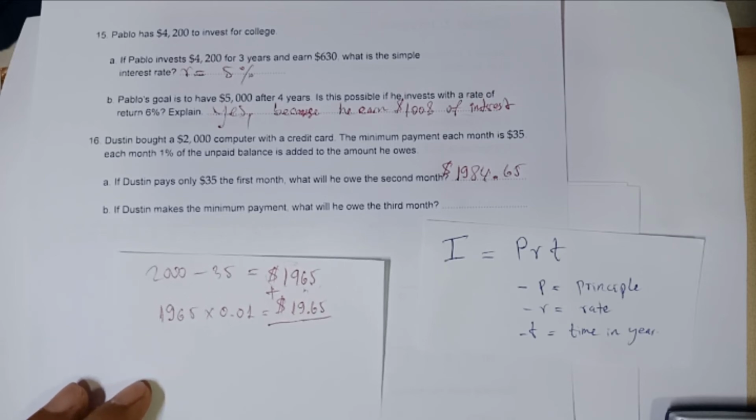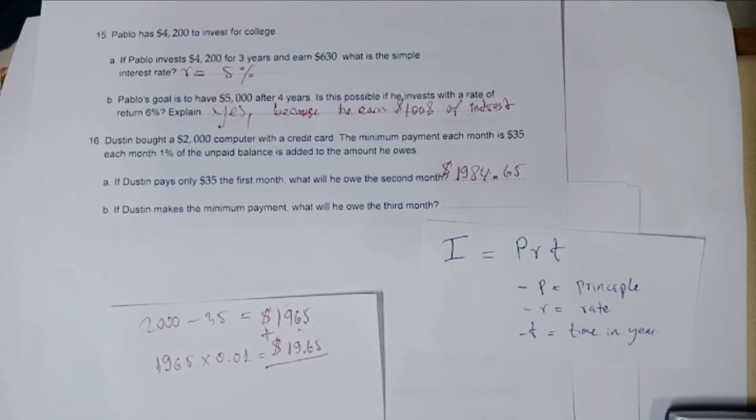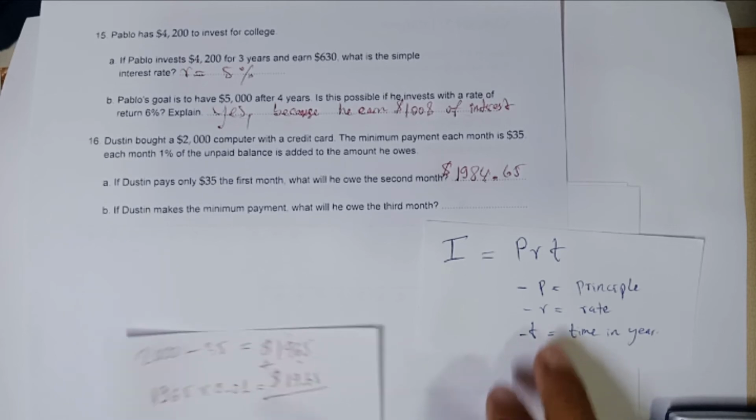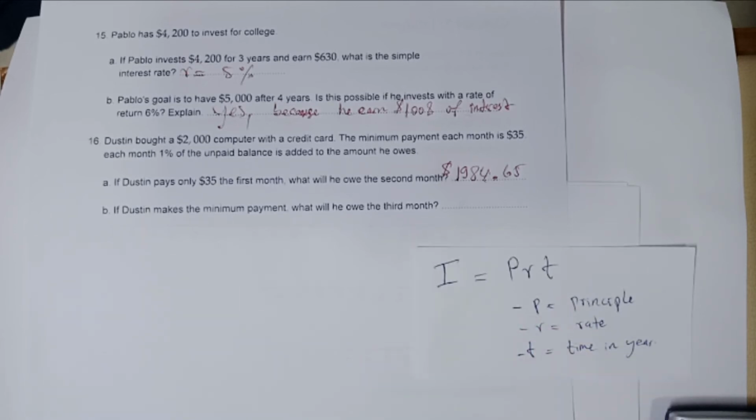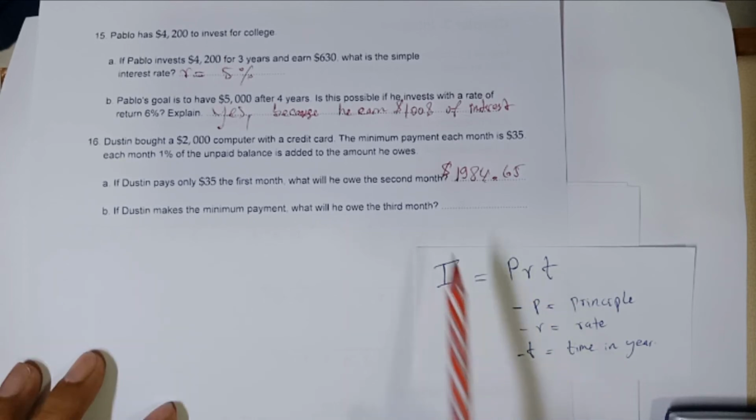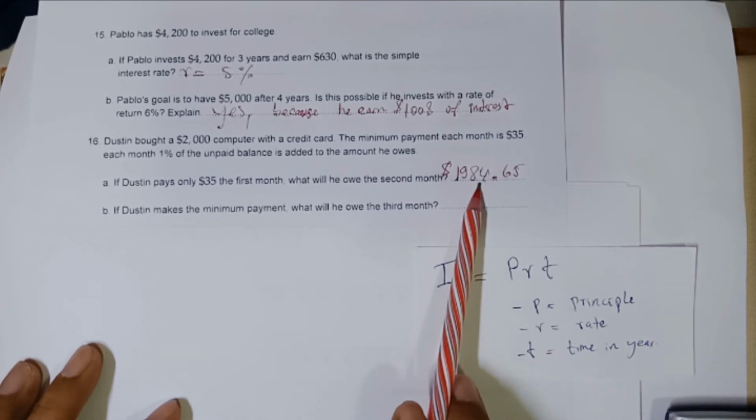Now question B. Okay, for question B, if Dustin makes the minimum payment, what will he owe the third month? All right, so this is the first month he paid.